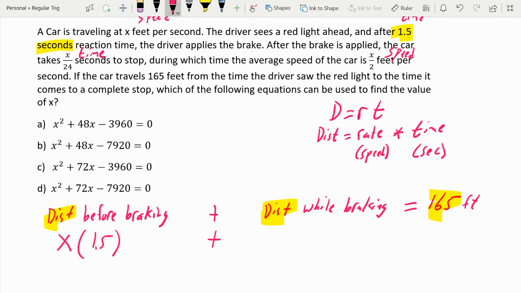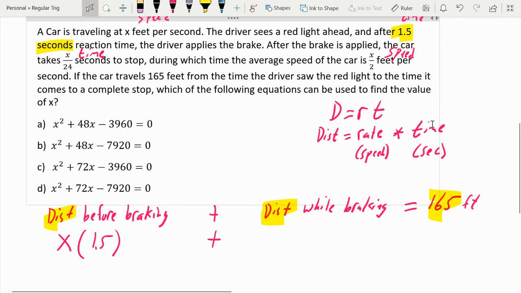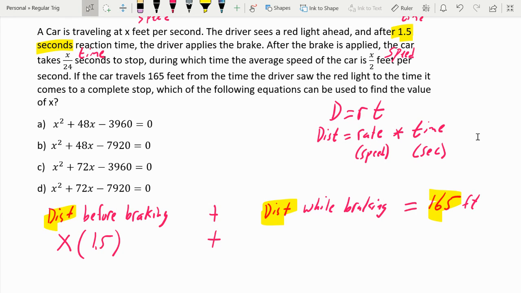Now plus, if you look for while braking: did they give us a speed during braking? They sure did. So there was our rate, which was x over 2, times.